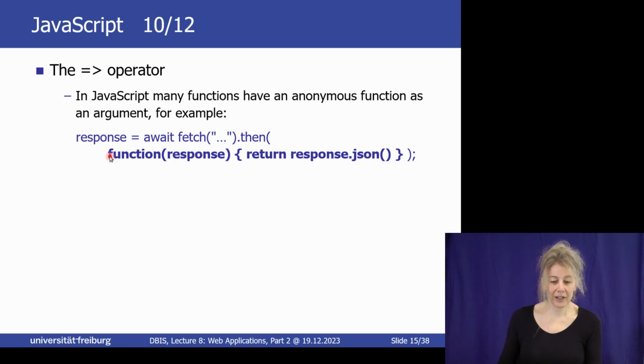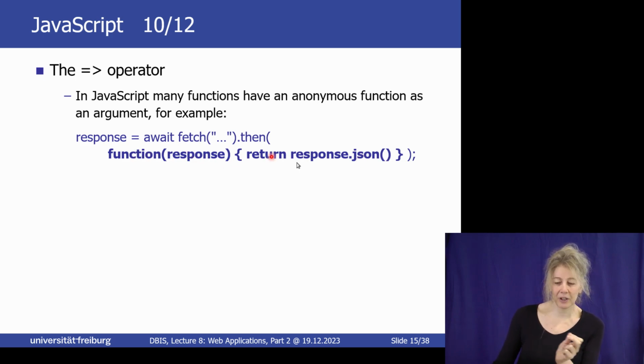I already said that, anonymous function. It's a function which gets the response from the fetch and does something very simple with it. It just gets the JSON from the response. I don't want all the other HTTP information. That's a very typical kind of anonymous function.